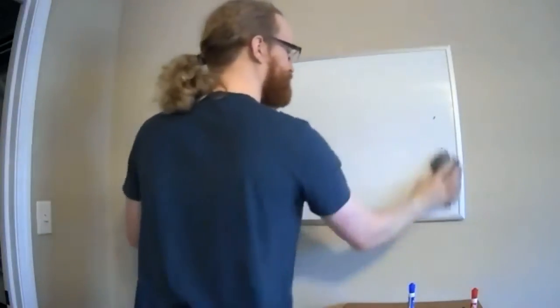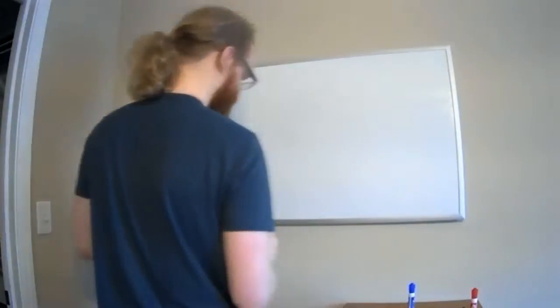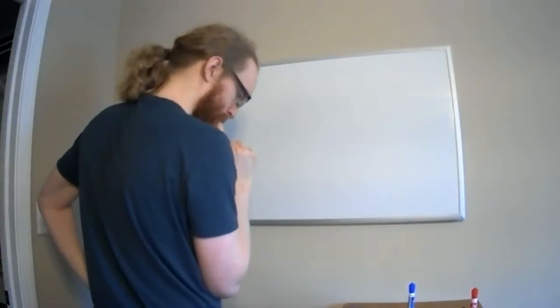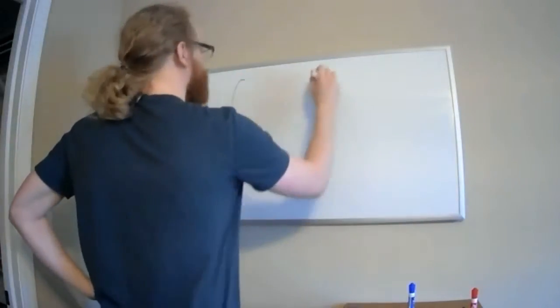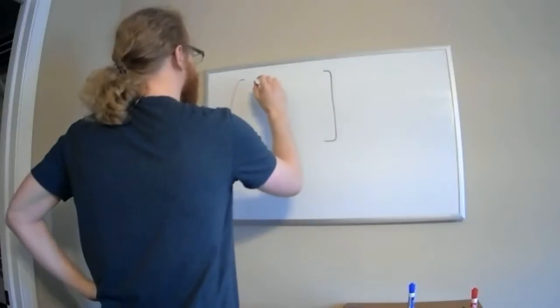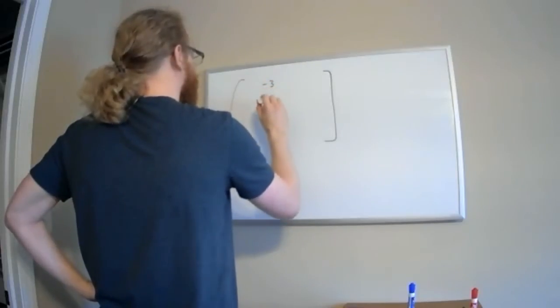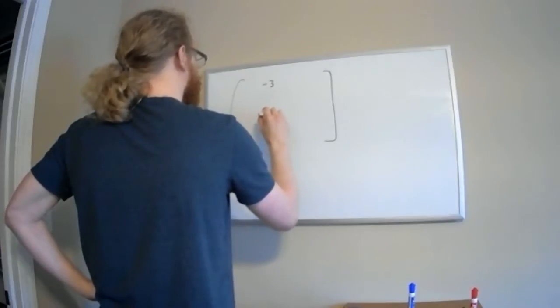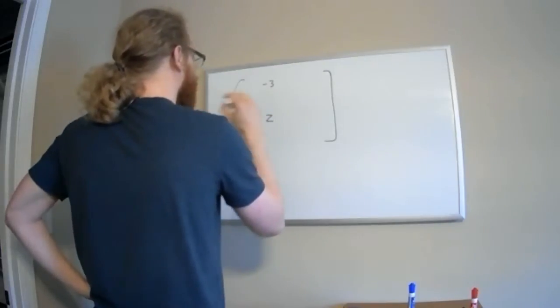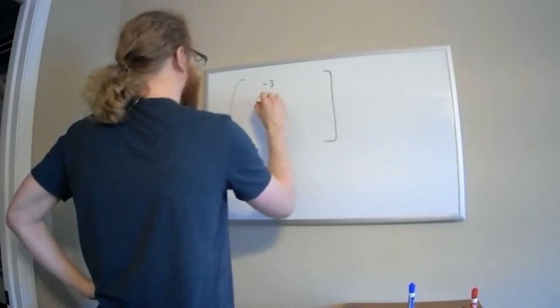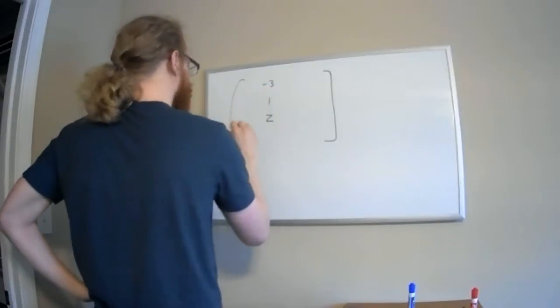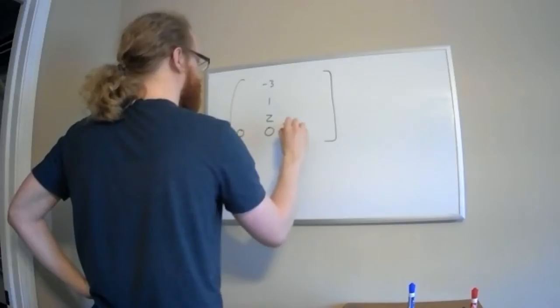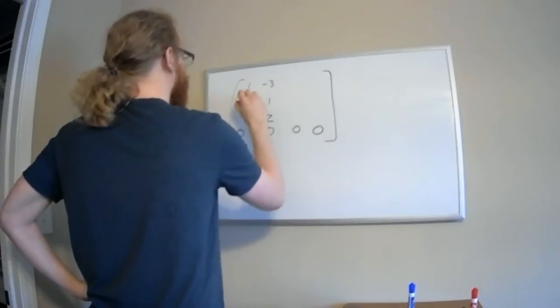Could you say that again? Yeah, so let's say in the y column, for example, we had a negative 3, but then also further down in another row, but within the same column, we had a 2. Okay. Would that ever happen in a fully reduced matrix where we had more than one, but within the same column?